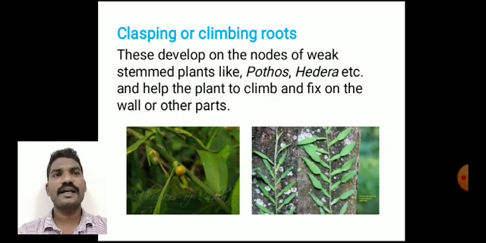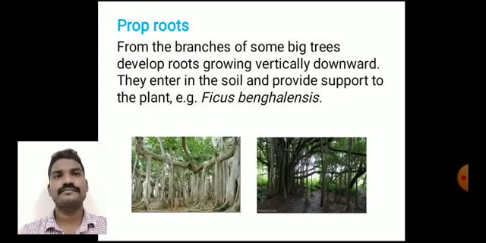Next one is clasping or climbing roots. This type is mostly found in weak stemmed plants like pothos and hedera. You can see the images. The clasping roots help the plant to climb and fix on the wall and other parts of the substratum.